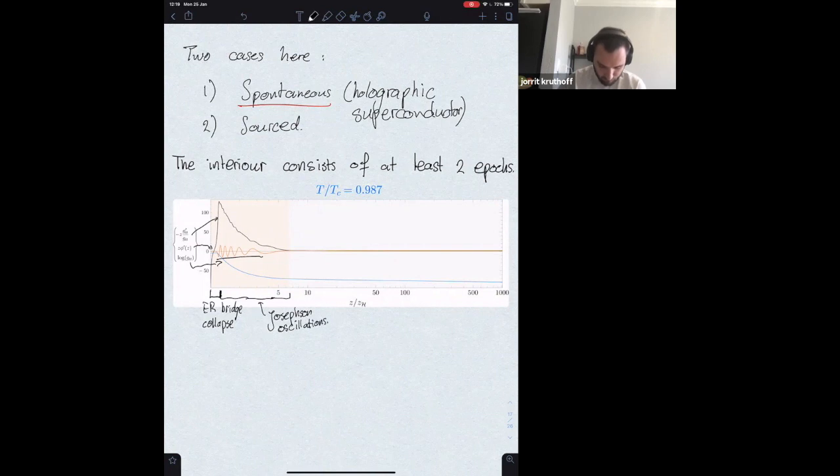And in this regime, what you can do to solve this more analytically is ignore the mass term as we've done before, ignore the charge terms in the Maxwell equation, and furthermore, you can also ignore the cosmological constant in this regime.